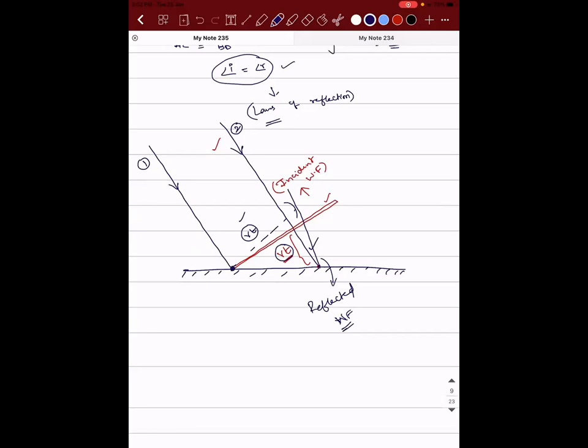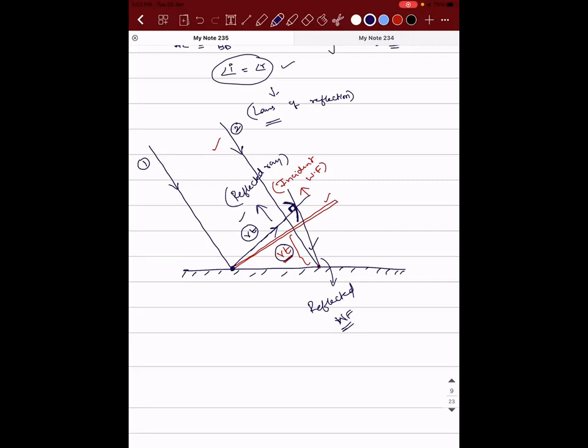To that reflected wavefront, from the first point of incidence, if you draw a perpendicular, since the reflected wavefront and reflected ray are perpendicular to each other, this will be the reflected ray.